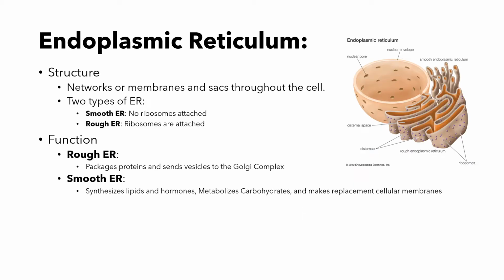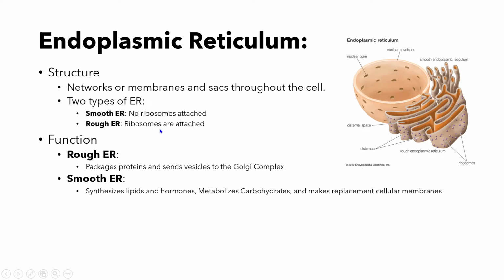Next, we have the endoplasmic reticulum. The endoplasmic reticulum is a network of membranes and sacs throughout the cell. You can see in this diagram here, there's a network of these membranes. This one is just attached to the nucleus. There are two types of endoplasmic reticulum: the smooth ER and the rough ER. The smooth ER is where there are no ribosomes attached. We can see here there are no little dots, which represent ribosomes.